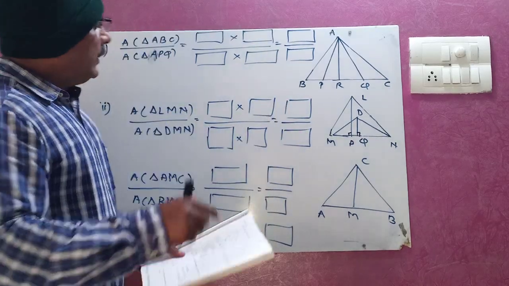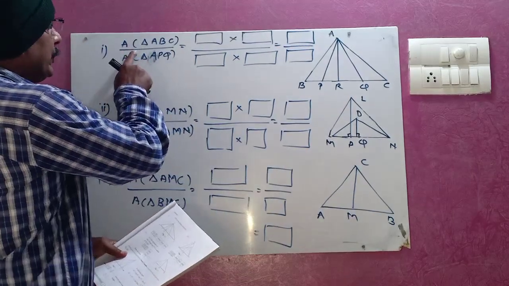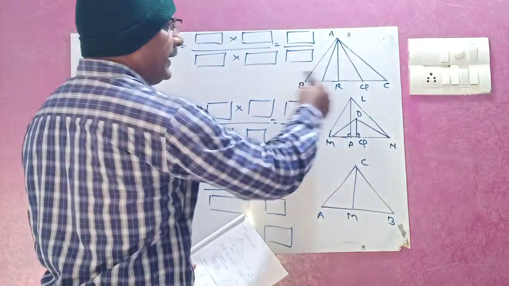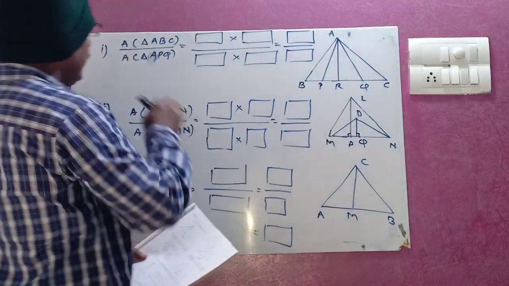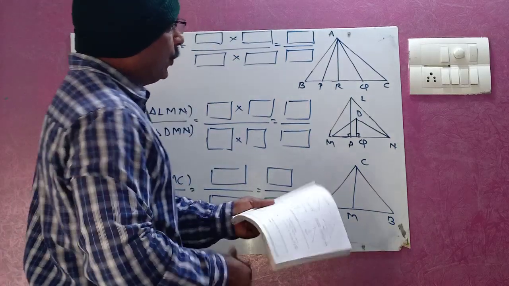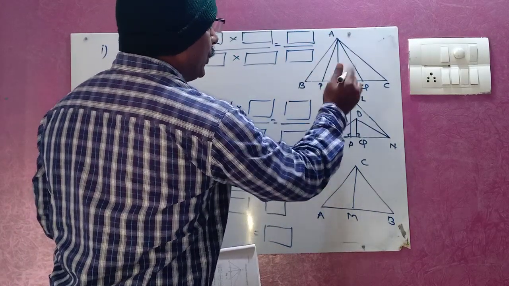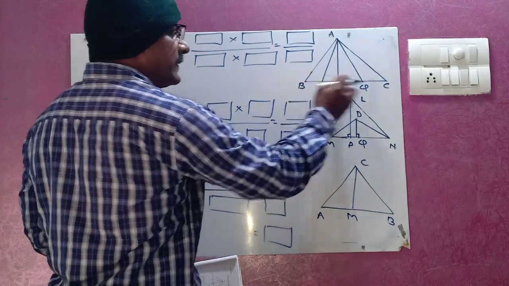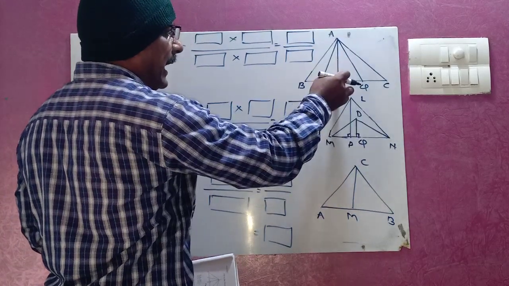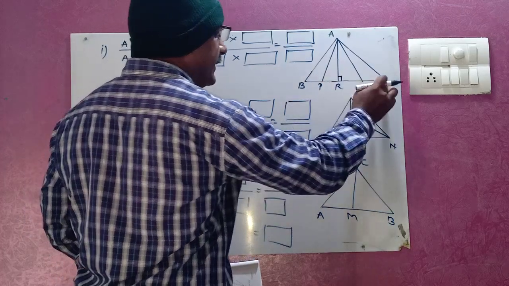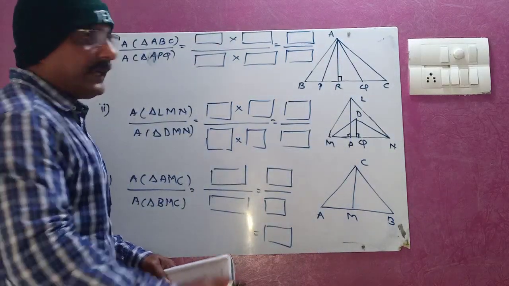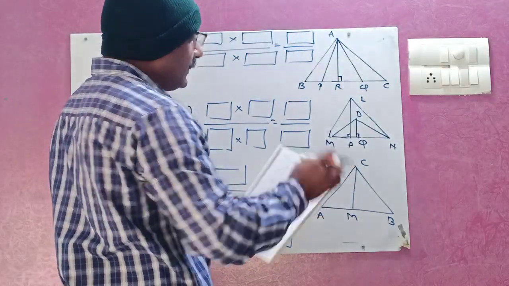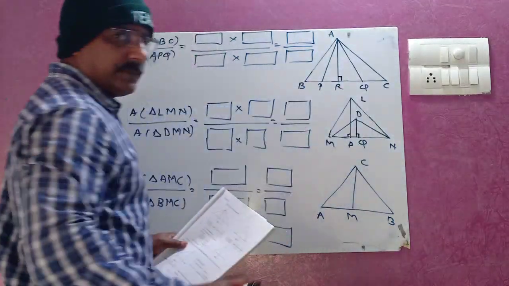See here, we want to find the ratio of the area of triangle ABC and the area of triangle APQ. If you see children, in ABC, AR is the height and BC is the base.